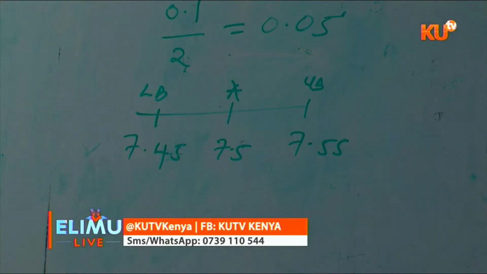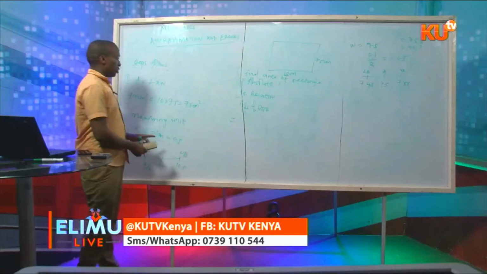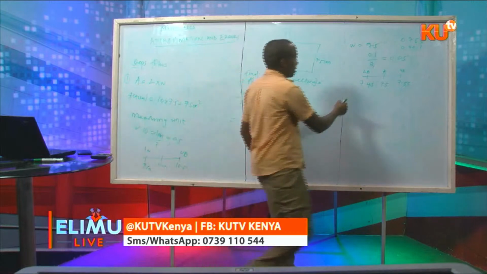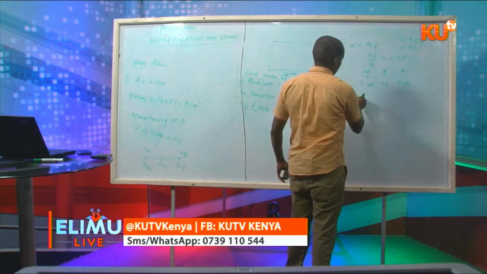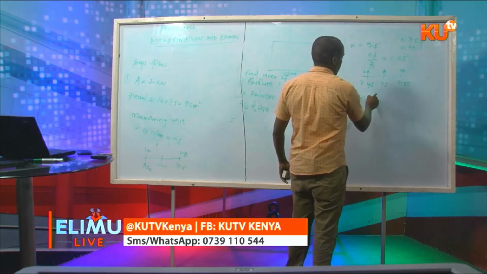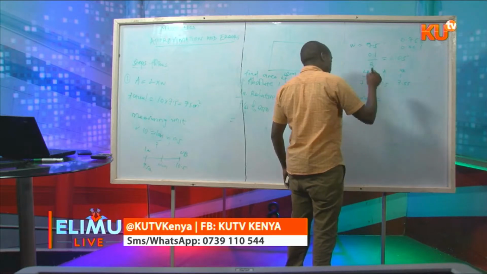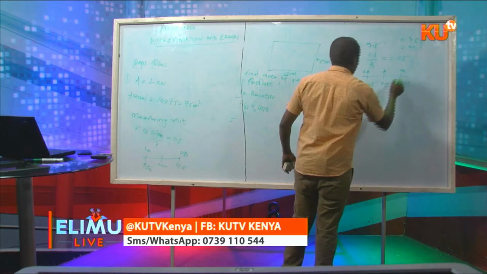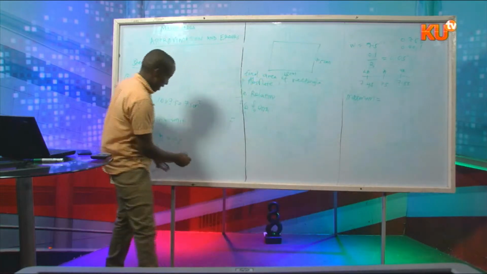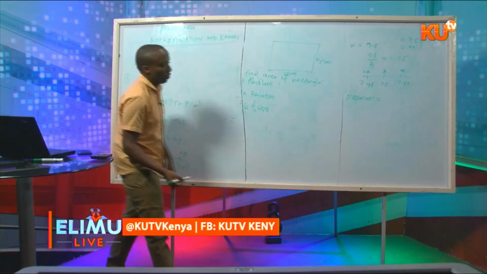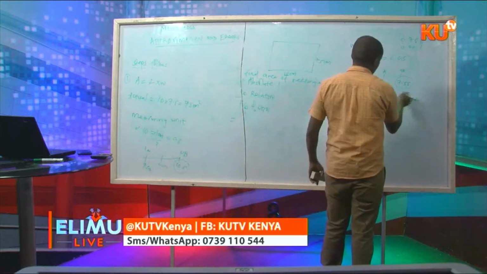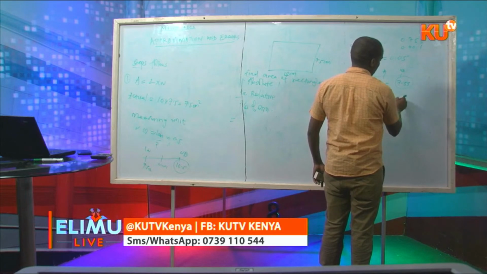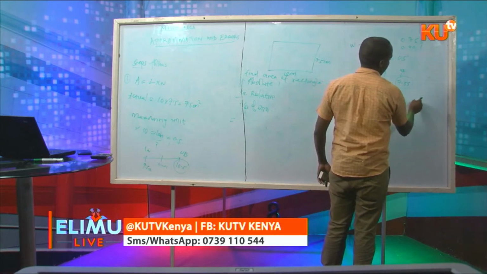So now you are able to find the area. We already have the actual area. Now you find the maximum area. The maximum area is given by the upper bound measurements. The upper bound for the length is 10.5 and for the width is 7.55. Because the area is width times length, it will be 10.5 multiplied by 7.55.